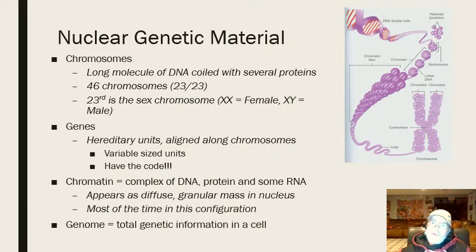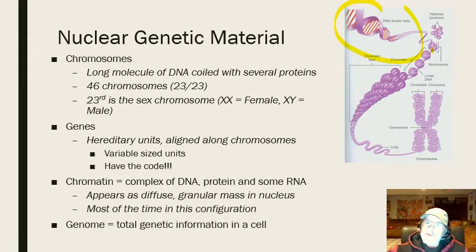So now we know what DNA is. And DNA is what makes up our chromosomes. I've mentioned chromosomes a couple times. A chromosome is basically a long molecule of DNA that's coiled. It's held together by various proteins, so there are various proteins inside that hold this coil. See up here in the top of the picture, when we look at this little diagram, you see our DNA sitting up in here.